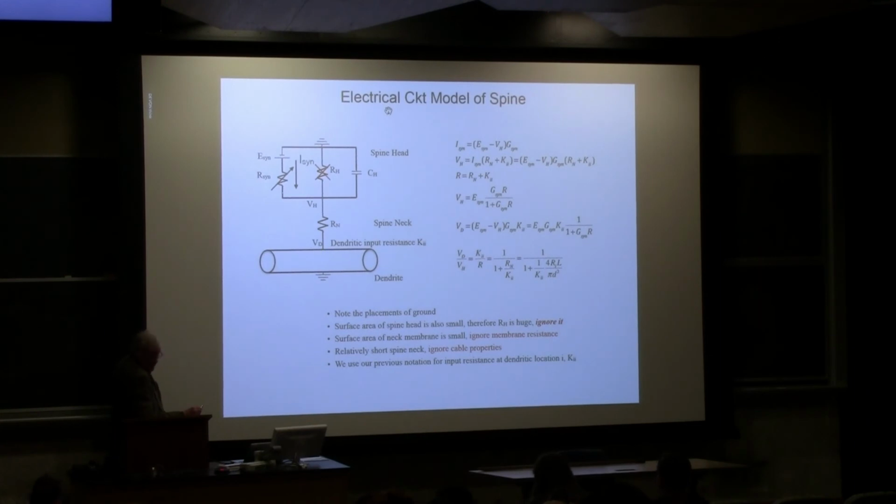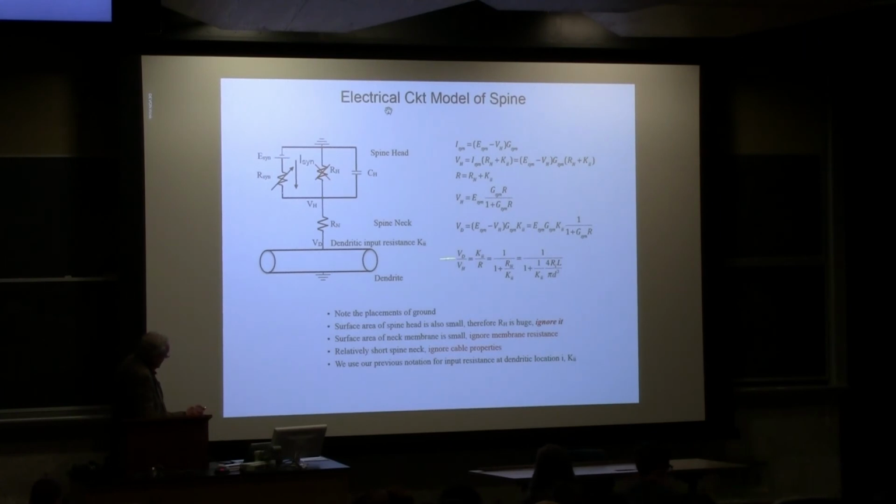There's no other place for it to go because the dimensions of the spine are so small. So the voltage at the dendrite is just the synaptic current times the input conductance of the dendrite itself. So that's the synaptic current, and that's the input conductance of the dendrite. So that can be simplified.